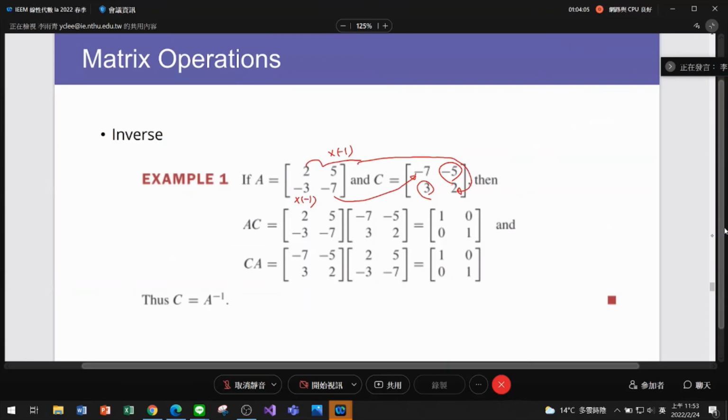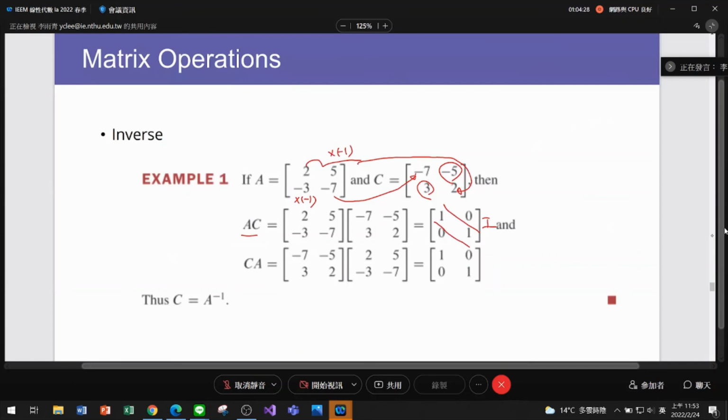And then we can do the calculation to check whether C is exactly the inverse matrix of A. To do that, we multiply AC, and the result is the identity matrix. Identity matrix diagonal entries are ones and 0 elsewhere. So this is exactly the identity matrix.